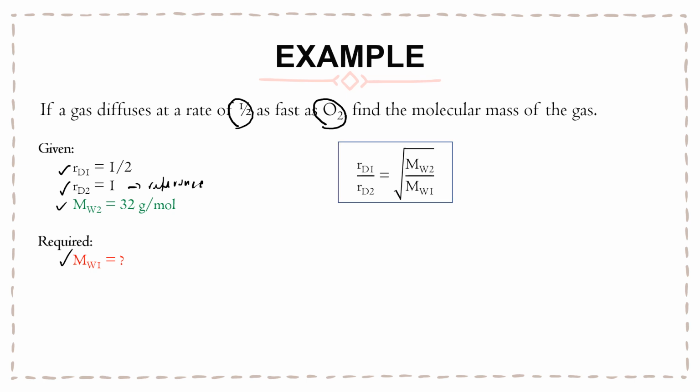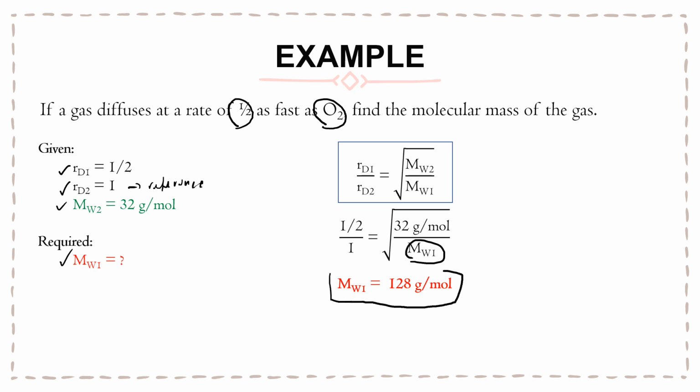Using the formula, we substitute here, then we can get the value of molecular weight 1, which is equal to 128 grams per mole.